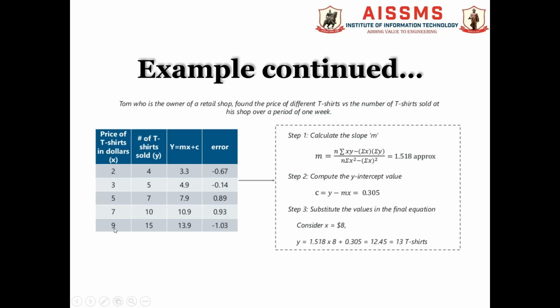So for 7 and 9 we have the values, and for 8 that is the unknown value. If we find it, we get the correct answer, that is y equal to 13 t-shirts. So if the t-shirt price is $8, then approximately 13 t-shirts can be sold.